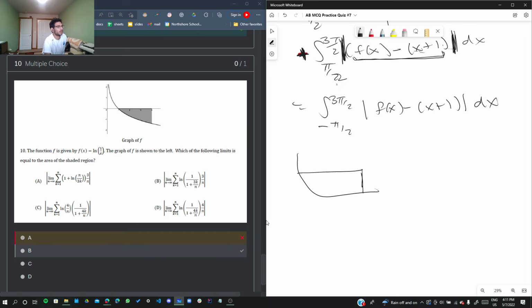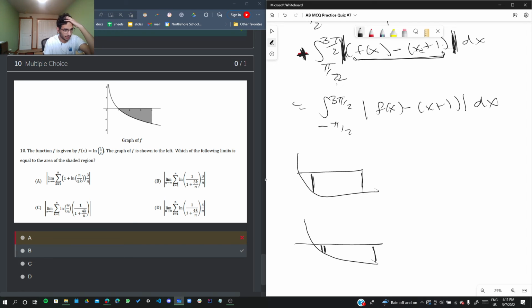The natural log of 1 over. Oh, I see. So these are just Riemann sums. I'll go over what a Riemann sum is. We have this function right over here, and we try to find the area between 1 and 4.